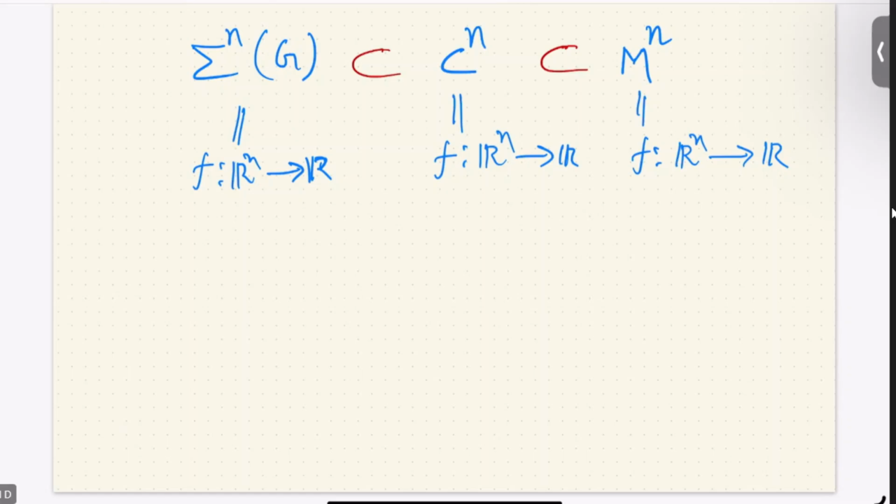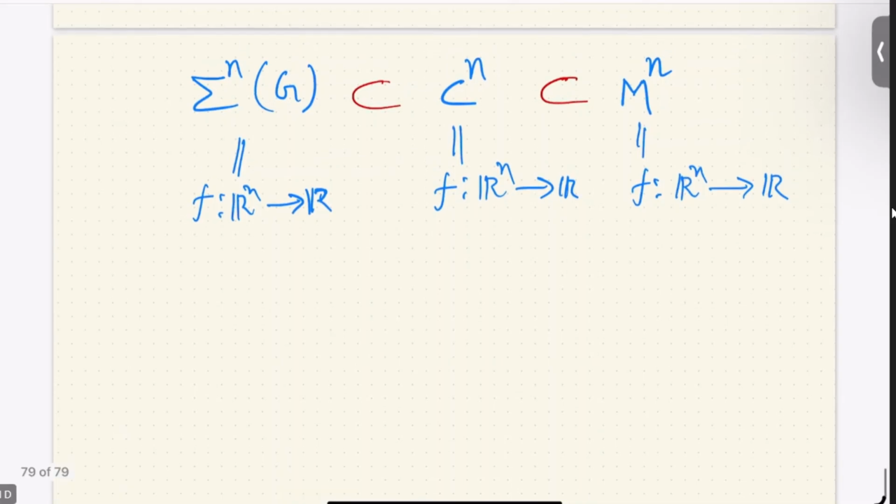For my G continuous, the G whatever I'm taking here, let's assume the G is continuous. So if you are not realizing, just think of the definitions.